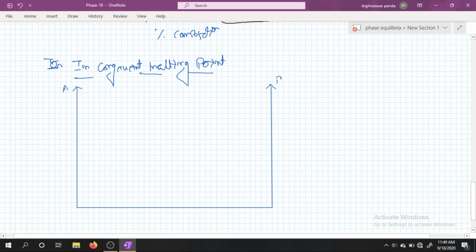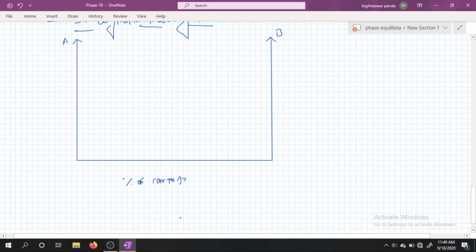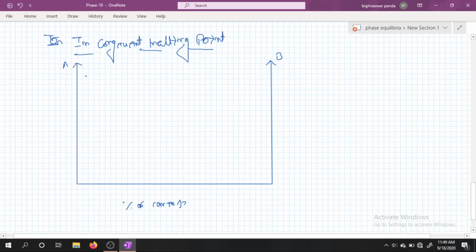These are pure components A and B. Here we are taking percentage of composition. Similarly, here the graph is a little bit different as compared to this type of graph.